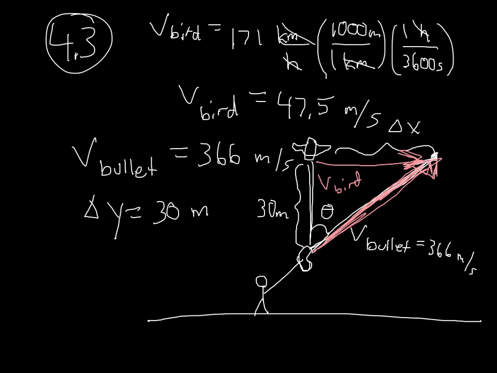So I can find theta, can't I? Theta is going to be the inverse sine of the velocity of the bird, which is 47.5, over the hypotenuse, 366. So I did my right triangle trigonometry we've been doing seemingly forever.